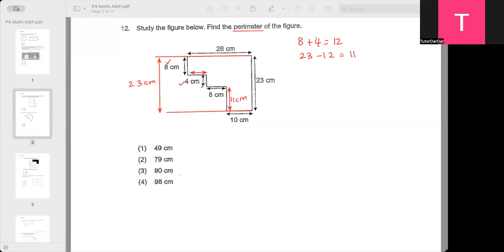Then now we need to figure out this. You can see from here to here is the same thing, 26 cm.